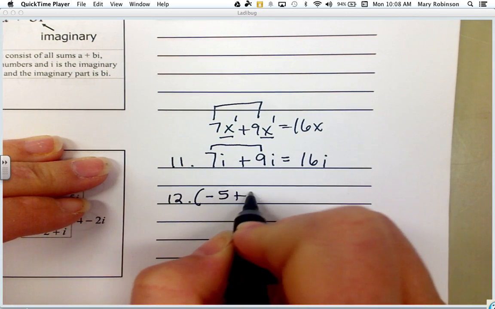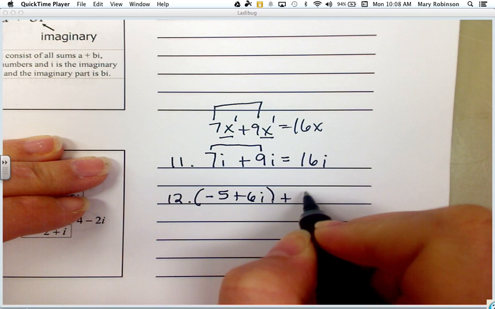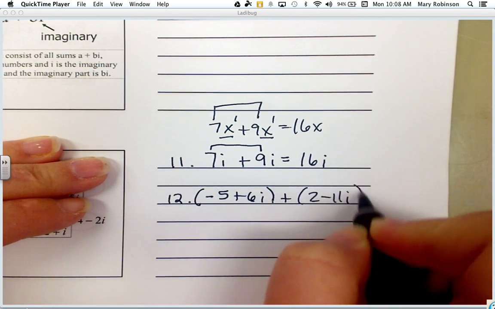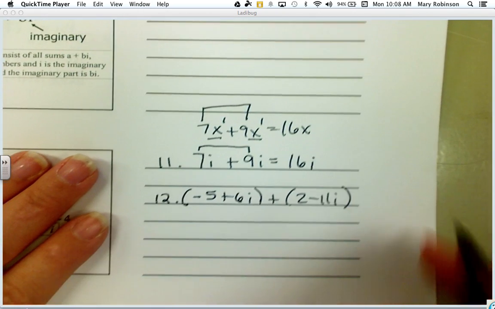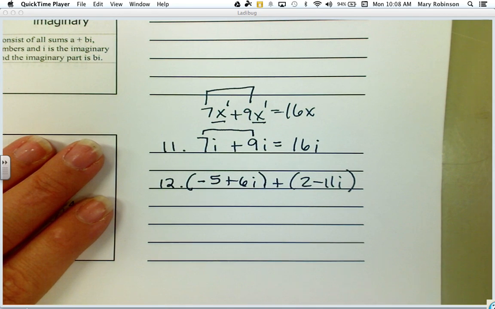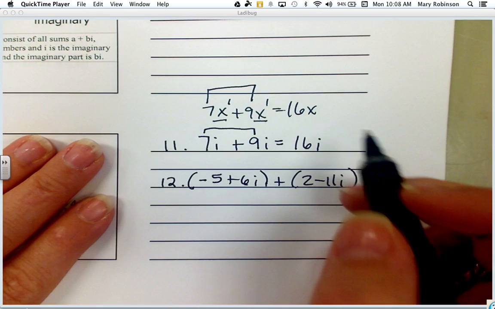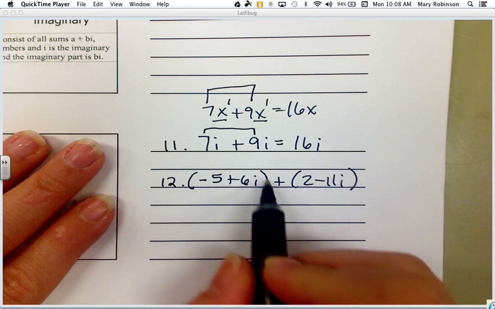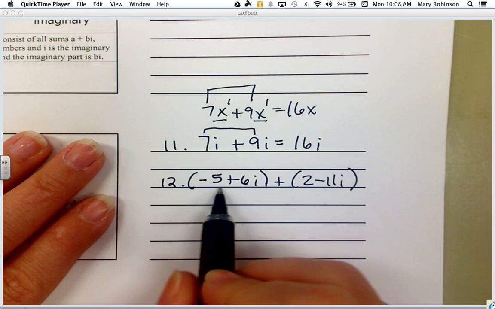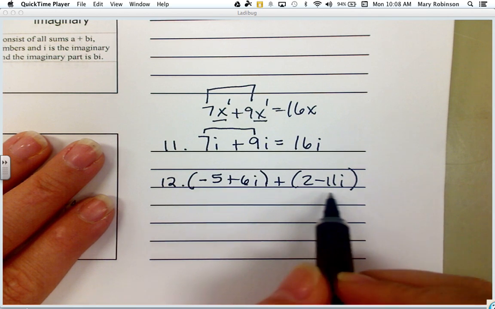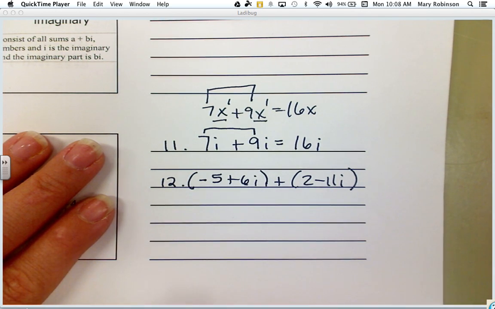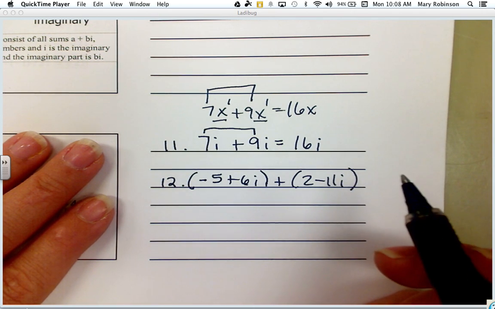Next, for this next one here, negative 5 plus 6i plus the quantity 2 minus 11i. Recognize that we do have a complex number because we have a real and an imaginary part. Similar to how we would add like terms for any other polynomial expression, we'll do the same thing here.